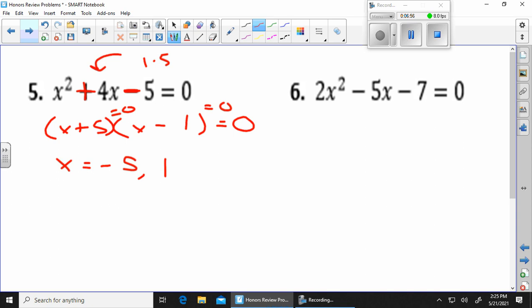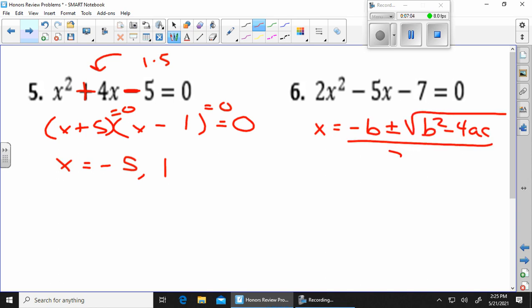Second one, you could try to factor, but probably easier to just do quadratic formula. So opposite of b, plus or minus, square root of b squared minus 4ac, all over 2a. That's a, that's b, that's c.